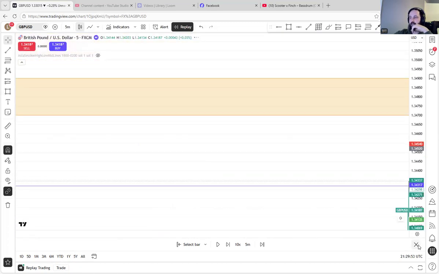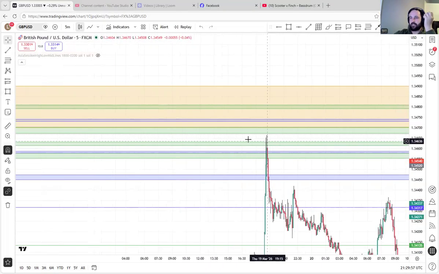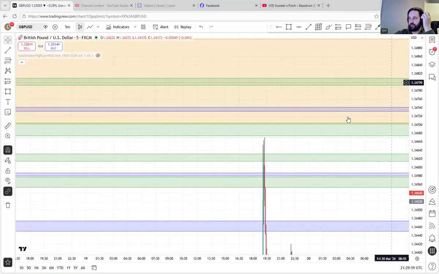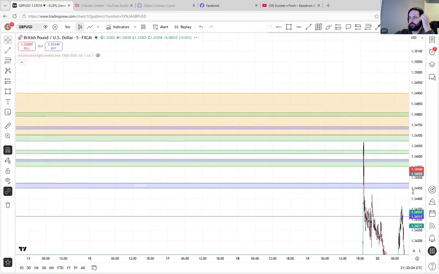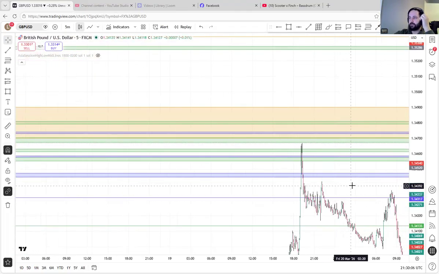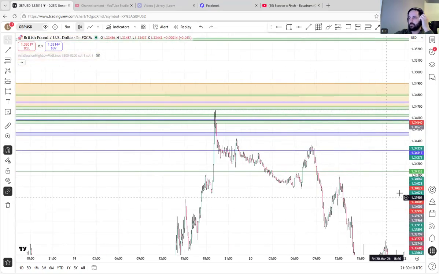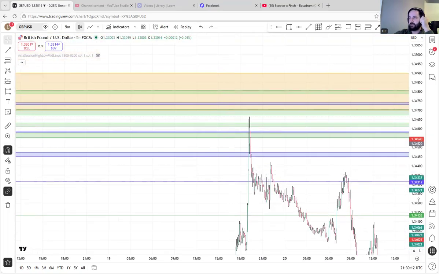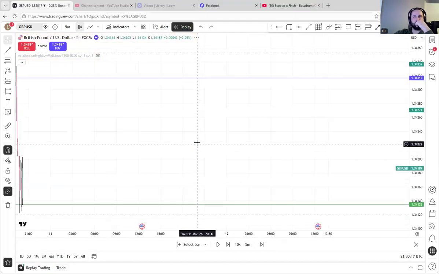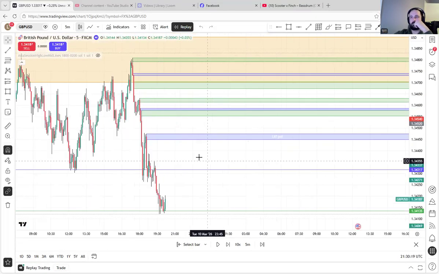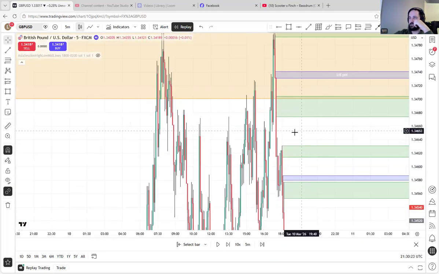It tags any. Again, it's probably worth a couple of touches. That high one, just shy of that high one, it seems. But it's moved since, so just shy of this entry zone here.